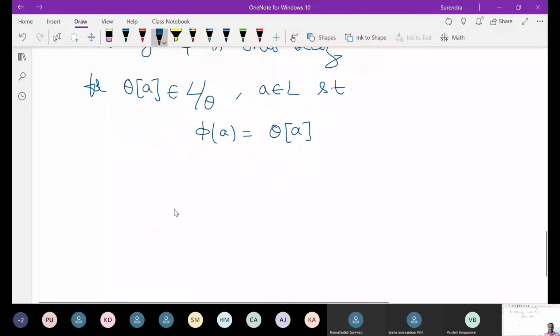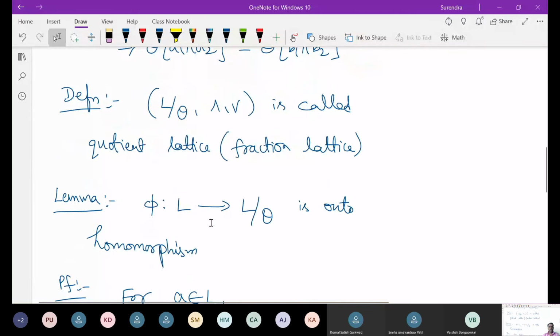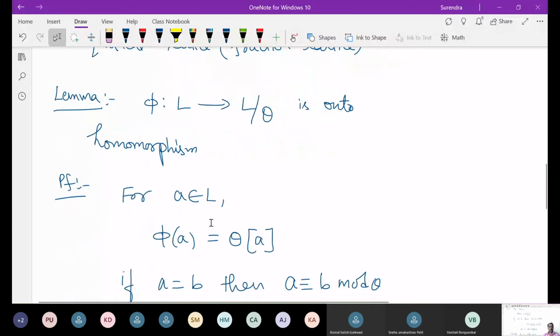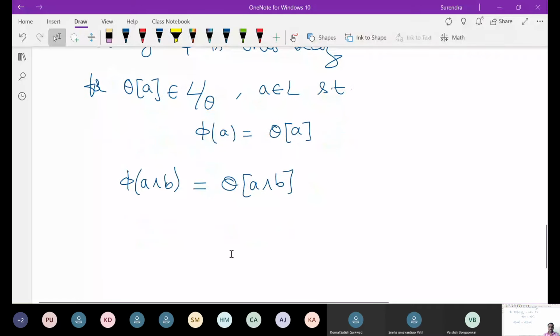Now you can check that this is a homomorphism. Why is this a homomorphism? That means we want to show that it preserves meet and join. If we take A meet B, then what is phi of A meet B? Phi of A meet B is theta of A meet B. But how is this defined?